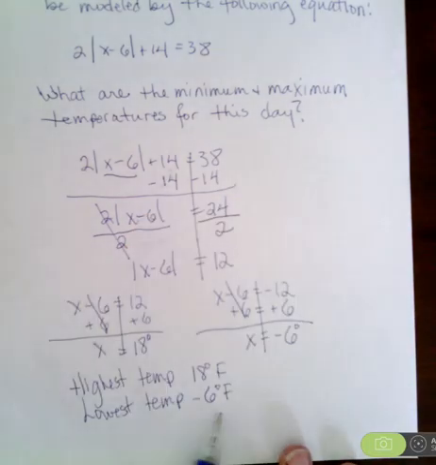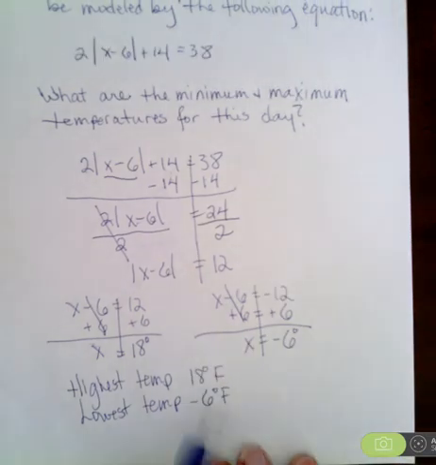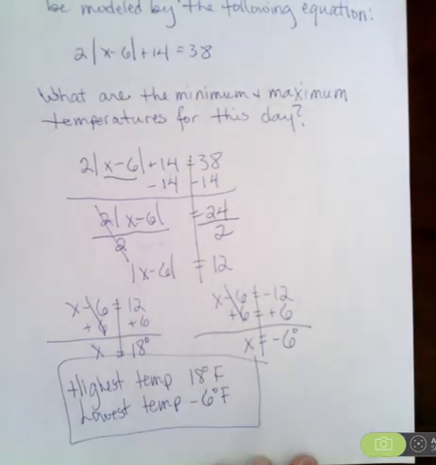It was a very cold day, and if it was negative 6, I'm sure the east wind was blowing. So this is a live example of using absolute values.